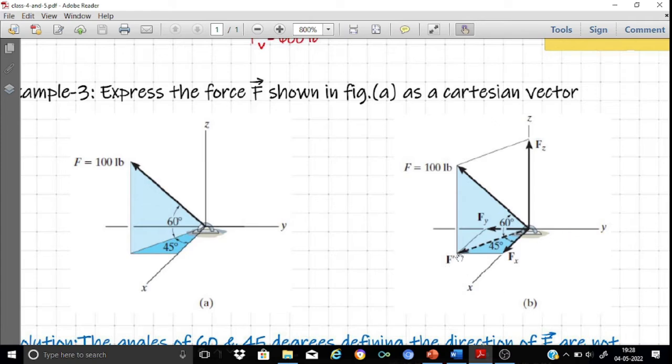This is the point where it meets the xy plane. So this F dash is the component of F equal to 100 lb in the xy plane. Similarly, from the head of the 100 lb force, draw a line parallel to the xy plane, that means parallel to this line, where it meets the z-axis provides you the Fz component.